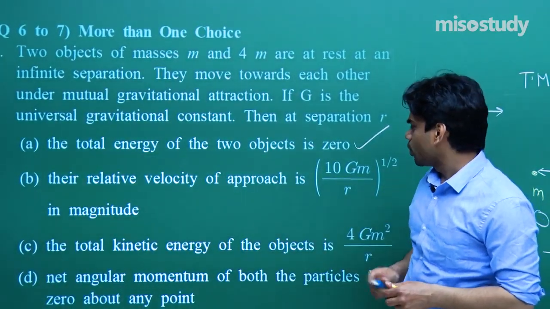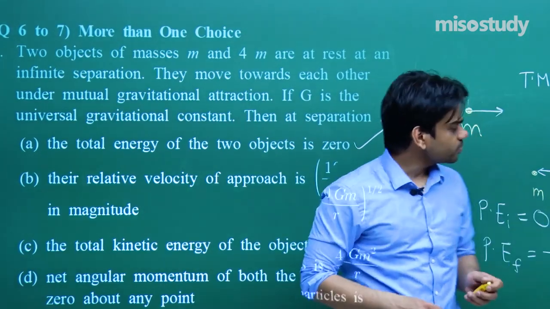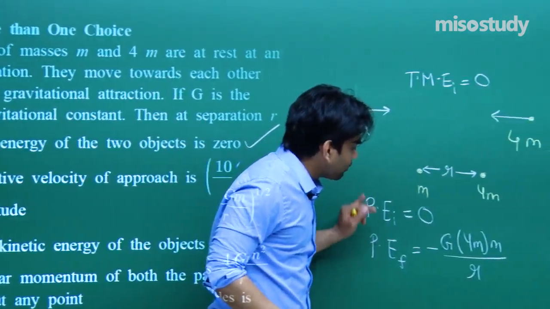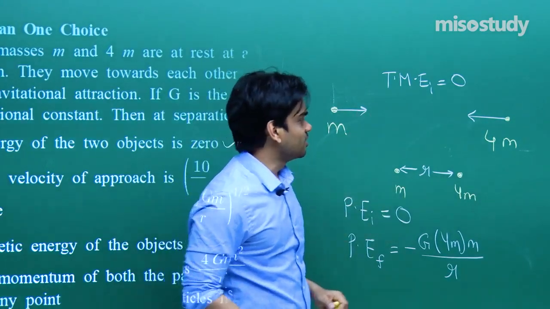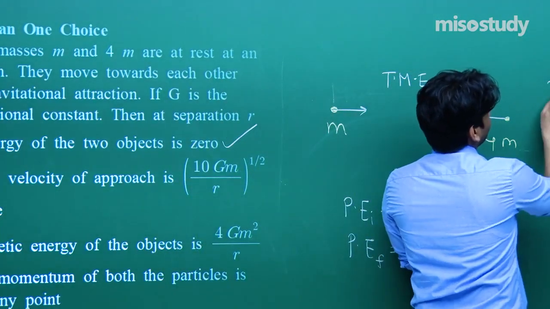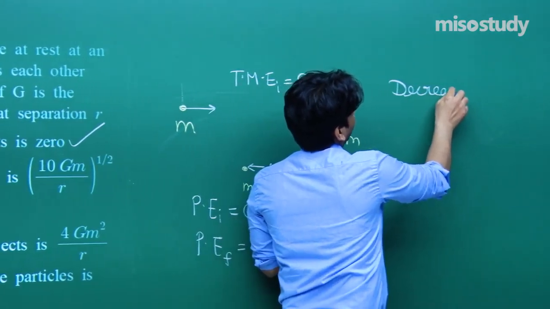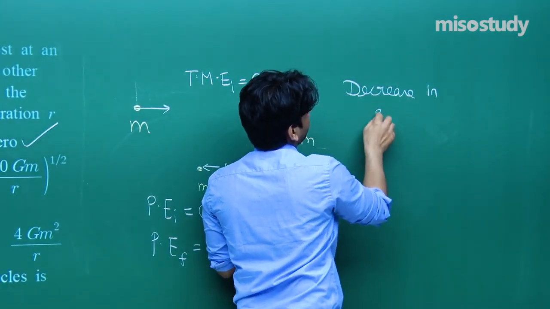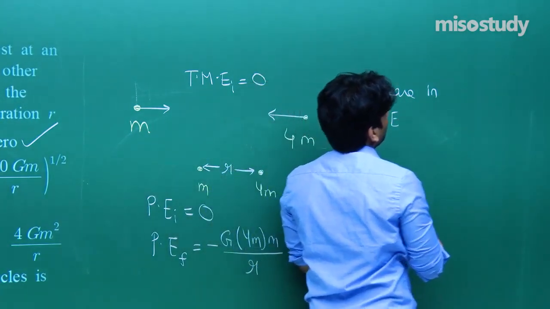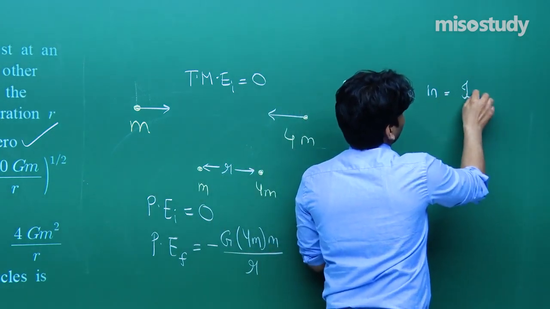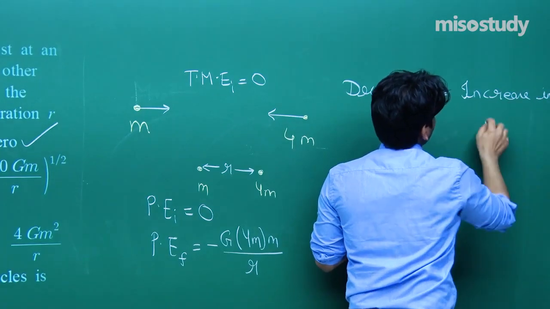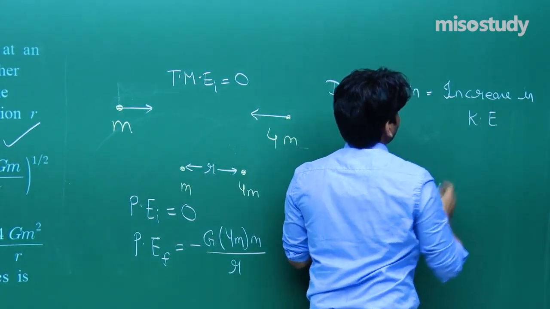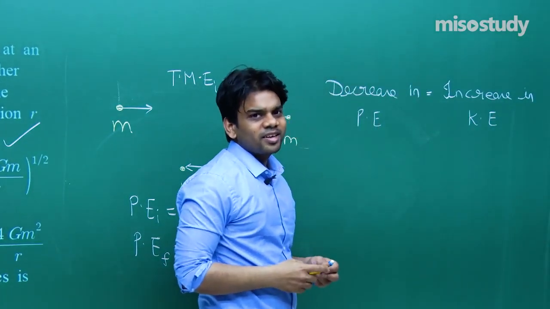The relative velocity of approach is this much in magnitude. Now see, there is a decrease in potential energy, so that means there should be an increase in kinetic energy. So I am writing here, decrease in potential energy should be equal to increase in kinetic energy. How can we write the decrease in potential energy?